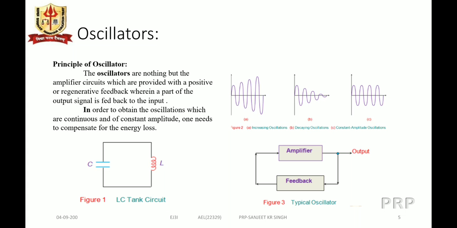And if we provide enough energy to compensate for the loss in the tank circuit, slightly greater than the losses taking place inside, it will have a sustained oscillation. The third waveform shows constant amplitude oscillation.